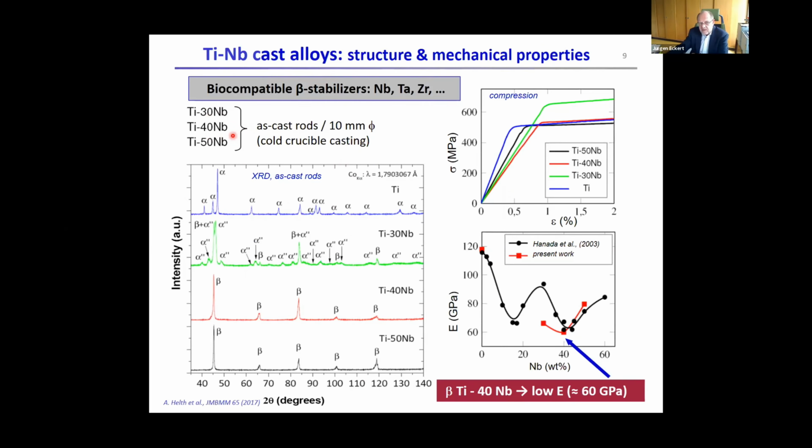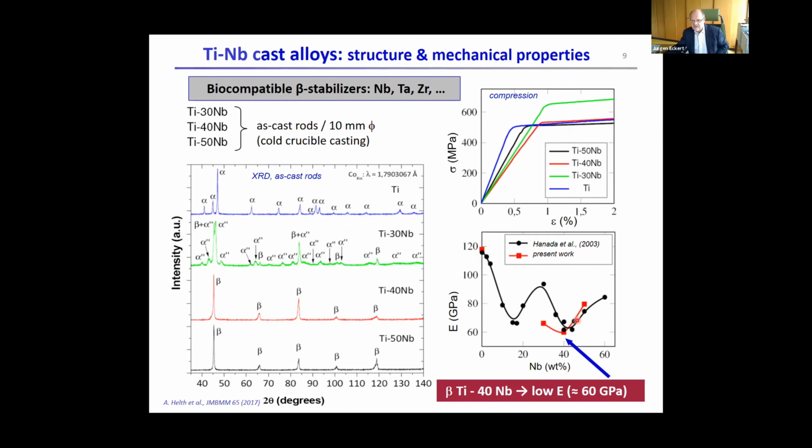We tried this for different alloy compositions, and the X-ray diffraction patterns basically show you, okay, if you do it right for certain compositions, you may indeed get just this single phase beta type material. For other compositions, you may see, okay, there are again these orthorhombic phases coming into the game that you don't really want to have.